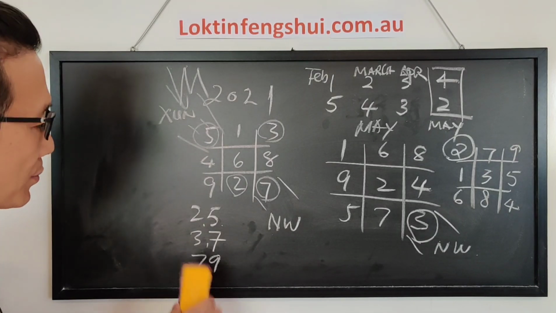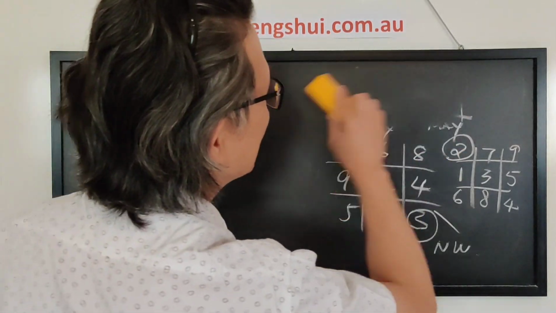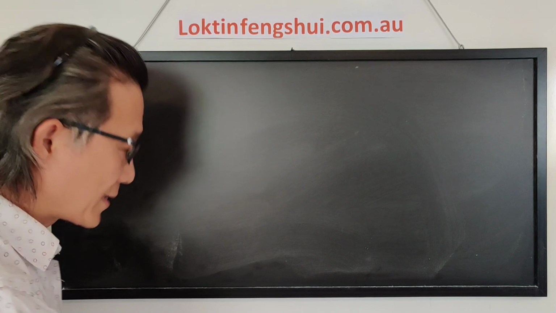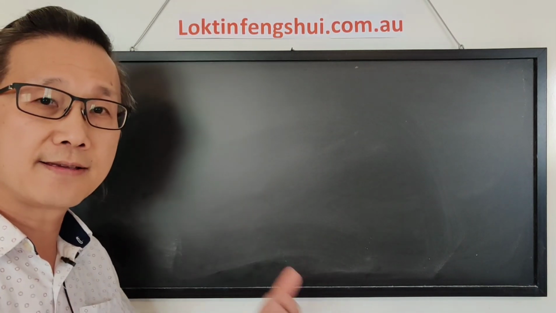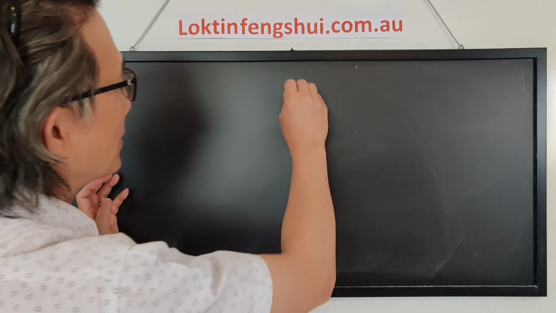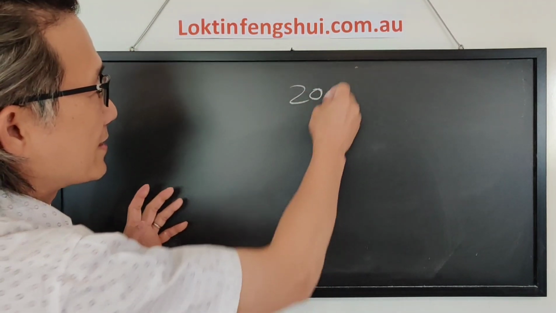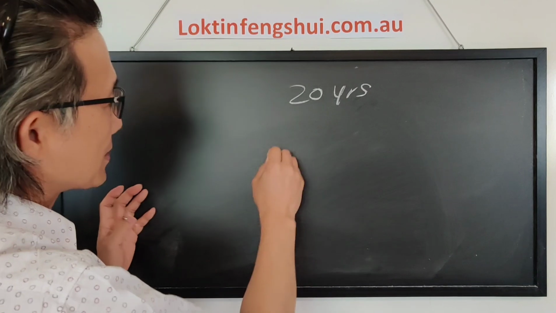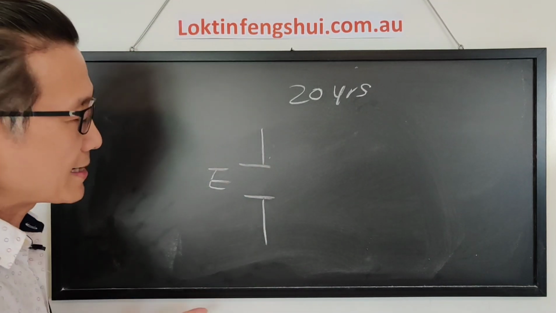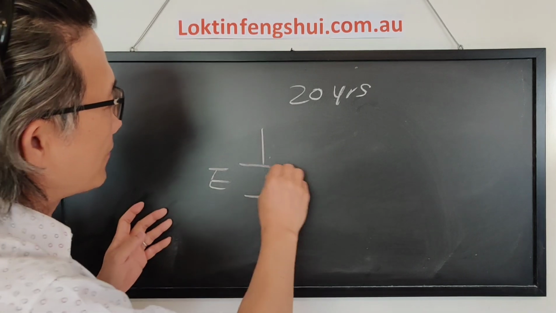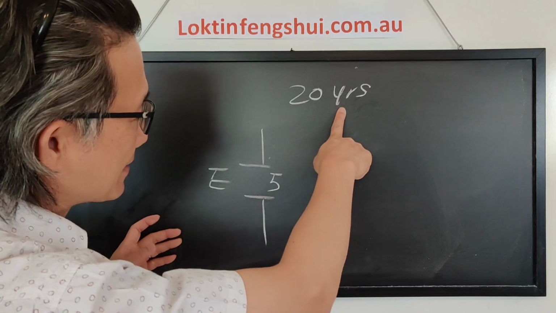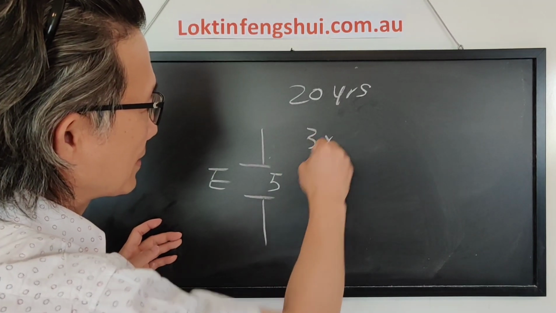Let me give you an example. You may say, because the annual star repeats once every 9 years, I live in this house for over 20 years now, and my house is facing east. And by calculation, the 5 came to the door in the past 3 times.